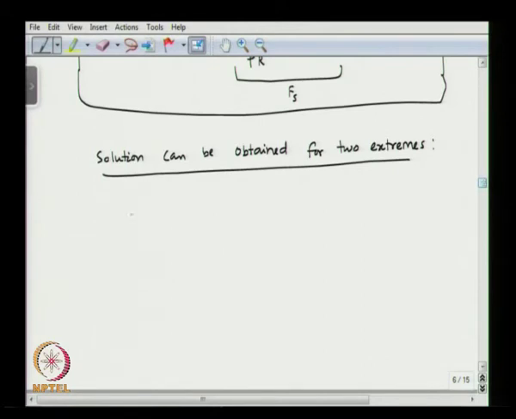T tends to 0, x 0 less than x infinity. So, that is the beginning of the filling process. The second process is t tends to infinity and x infinity tends to L. So, first let us talk about the beginning of the filling process.